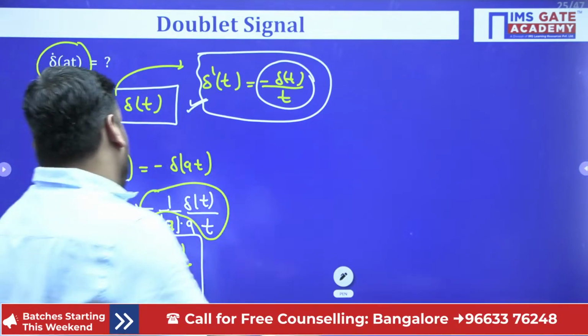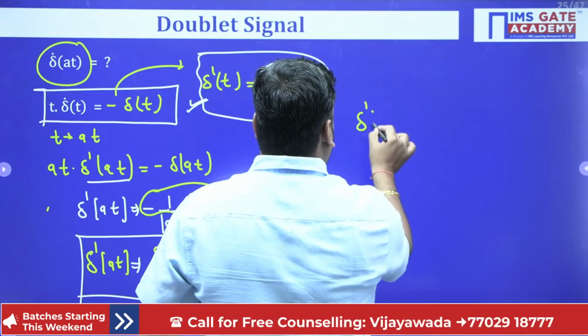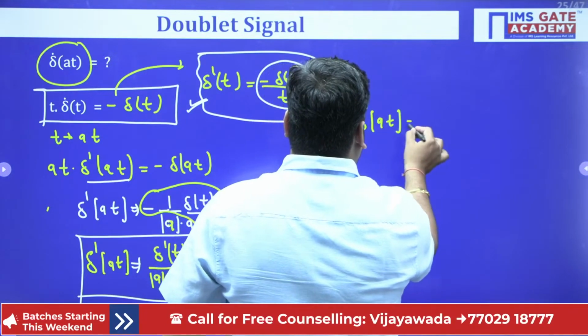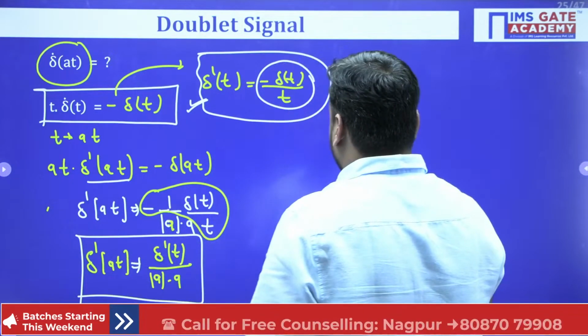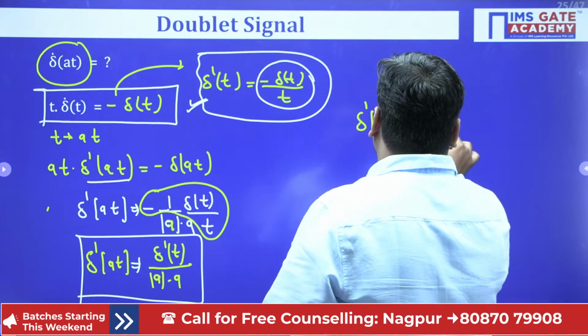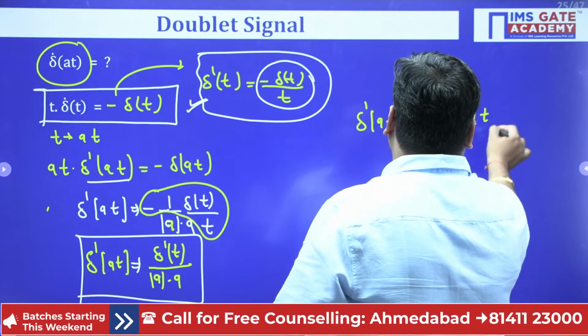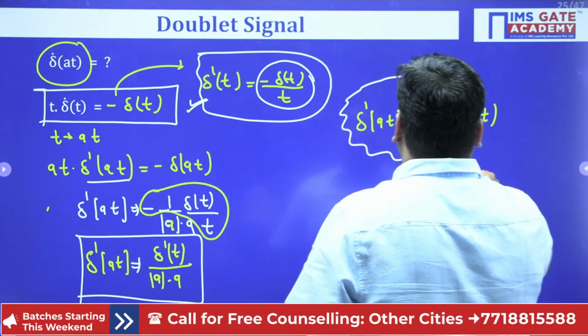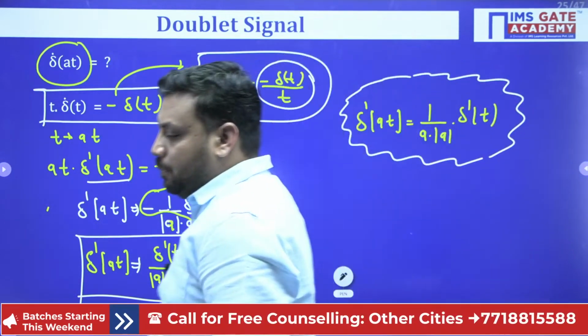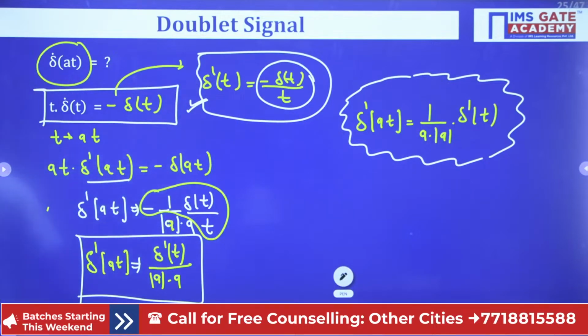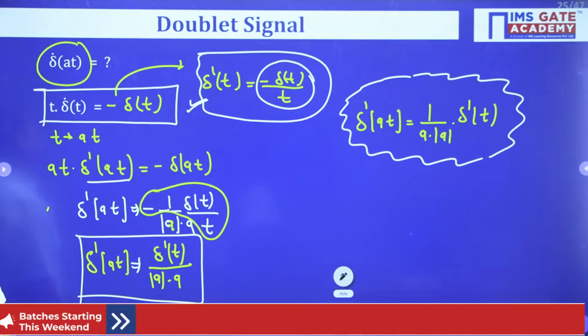You should write it like that: del dash at is equal to 1 upon a dot mod of a dot del dash t. So this is again the important property, the scaling property in doublet. Doublet scaling properties, guys.